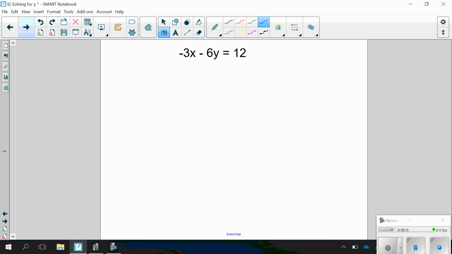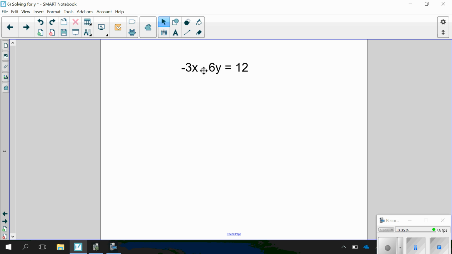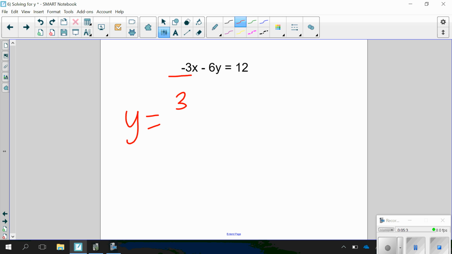Let's try another one. This is not in y equals form, so we're going to do opposite of a. So the opposite of a would be 3 over my b, which is negative 6, x plus c over negative 6.